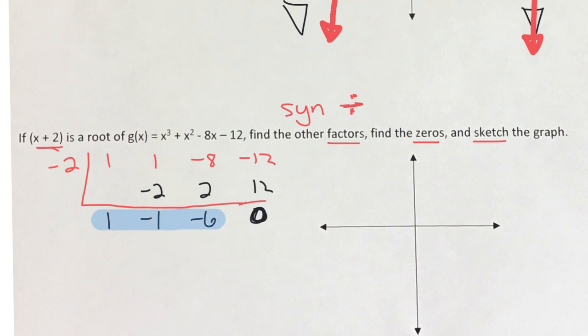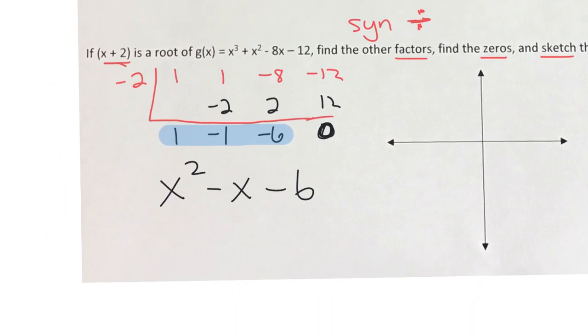So now these three numbers represent the coefficients of our quadratic, 1x squared minus x minus 6. So you do synthetic division with -2, and then you use your three remaining terms and you create a quadratic. That's the quotient. Now we're going to factor this quadratic.